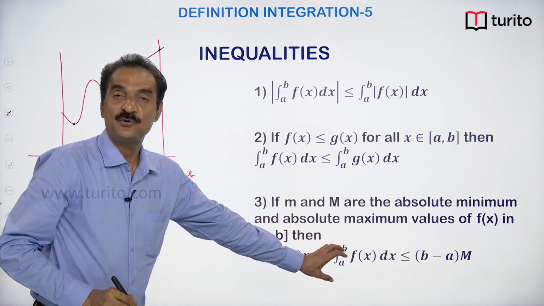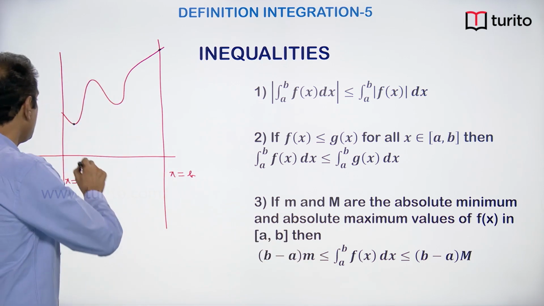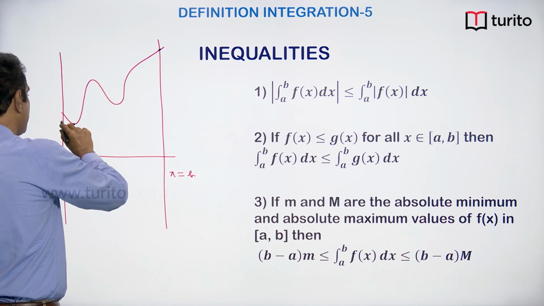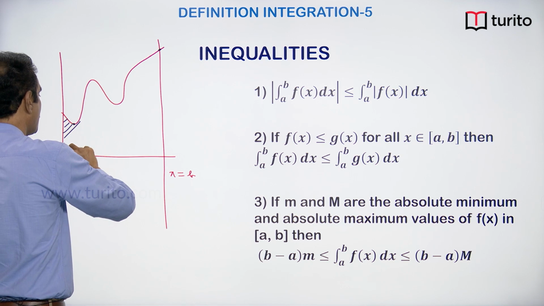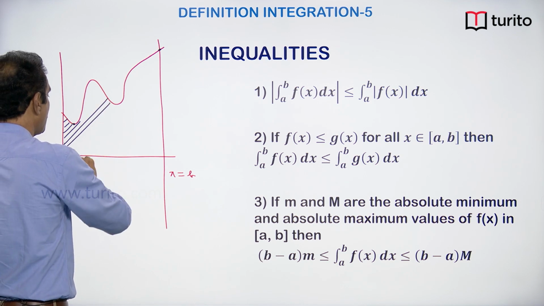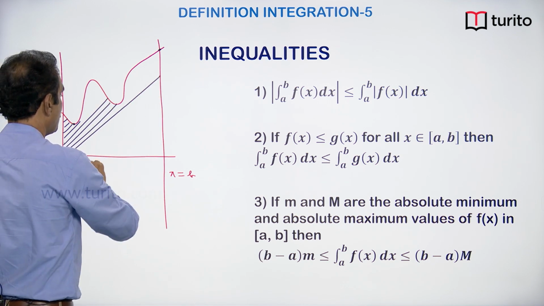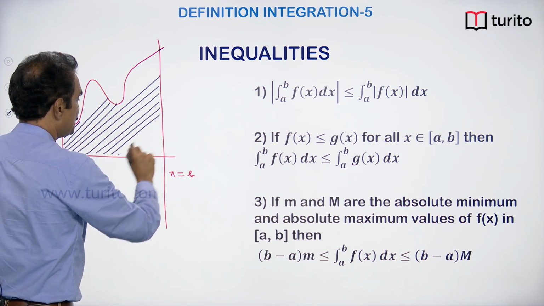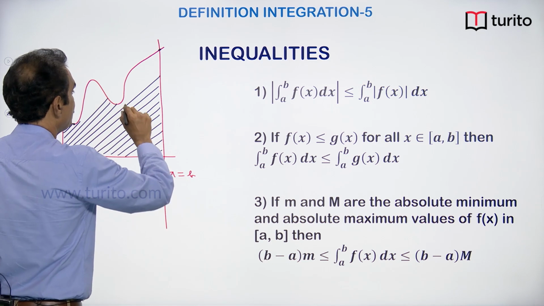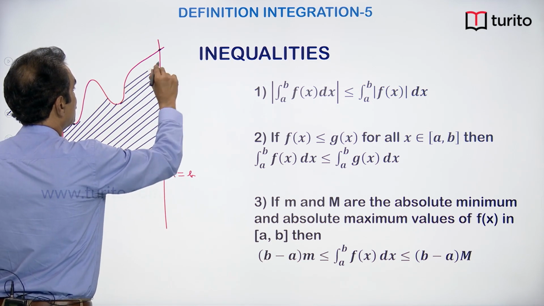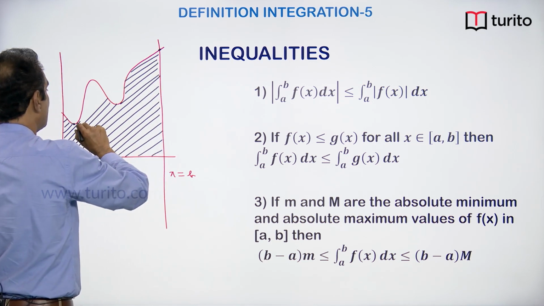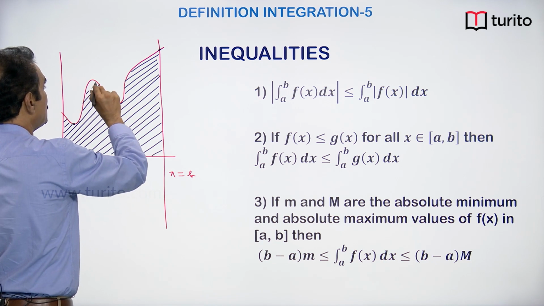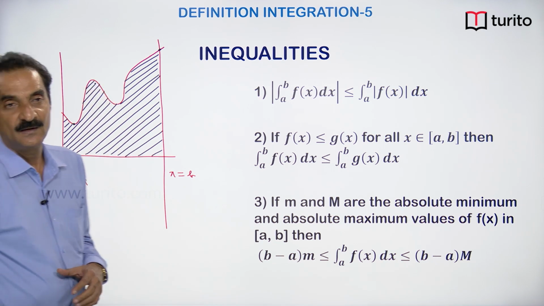Now, integral a to b f of x dx is nothing but this area. This shaded area with black color is the value of the definite integral, because I have taken the curve completely above the x-axis.